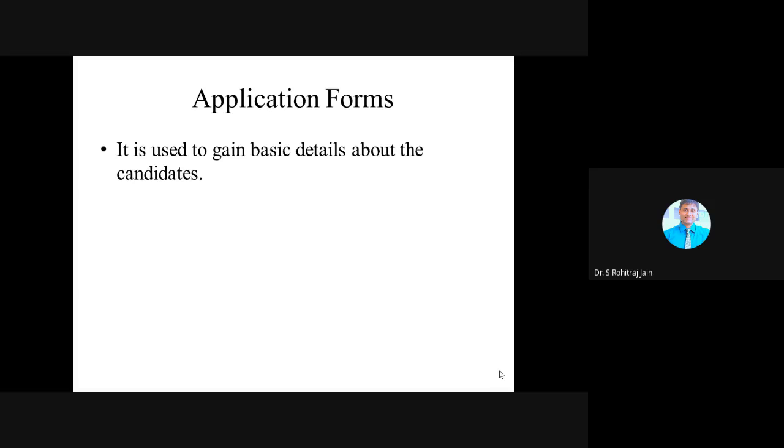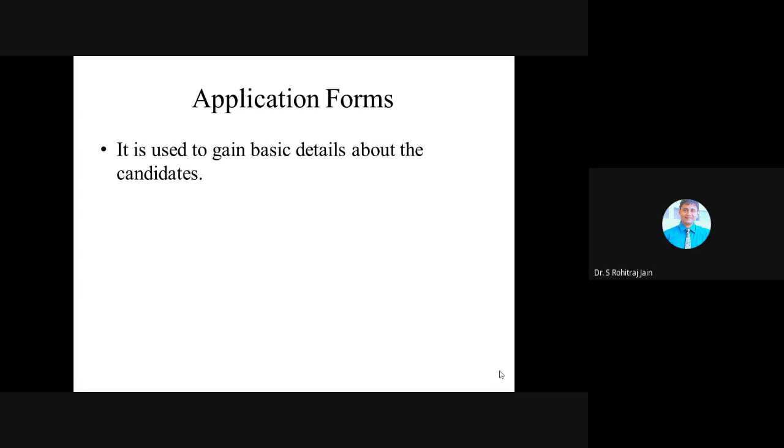Now, how do we design this application form? There are various parameters we need to consider when designing it. Personal background information should be included. Then educational attainment should be included.